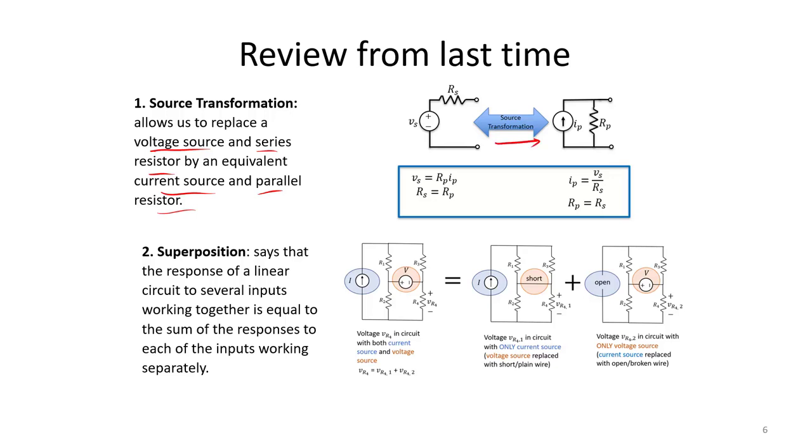And notice this transformation can go in both directions. So we could also replace a parallel current source and parallel resistor with a series voltage source and series resistor. However, make sure you remember to use these relations to ensure that you replace with an equivalent source.